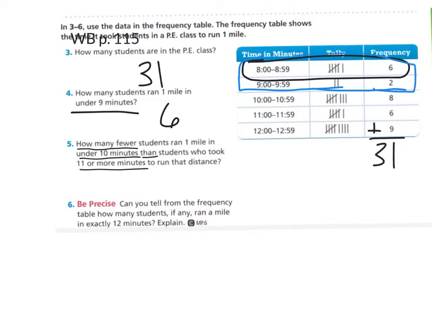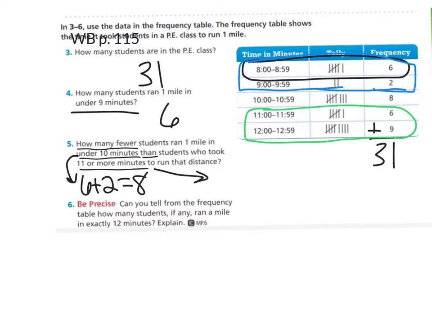So if we just add our frequencies together there, under 10 minutes, 6 plus 2 equals 8. And then the other group we're looking at is 11 or more minutes. For that one, this would be the last 2 groups here.